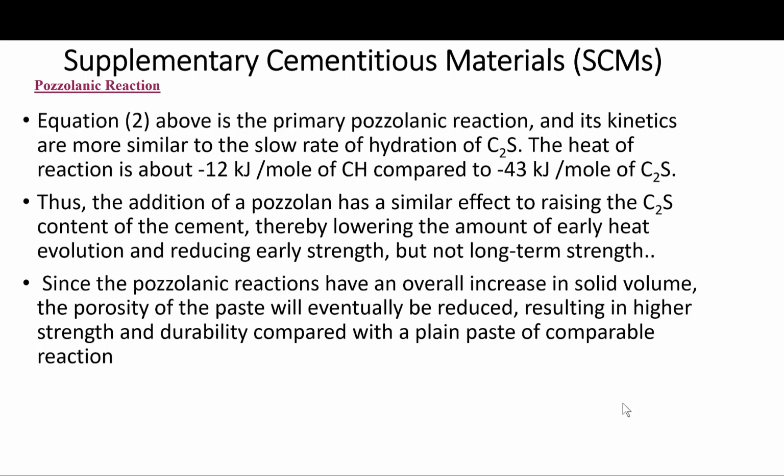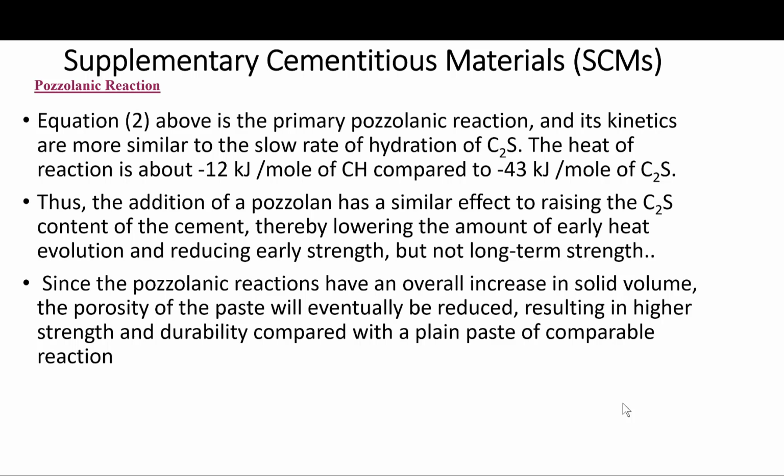Okay, equation number 2 in the previous slide is basically the primary pozzolanic reaction. And its kinetics are more similar to the slow hydration of the C2S. Remember that. So the heat of reaction is about 12 kilojoules per mole of calcium hydroxide compared to about 43 kilojoules per mole of C2S.